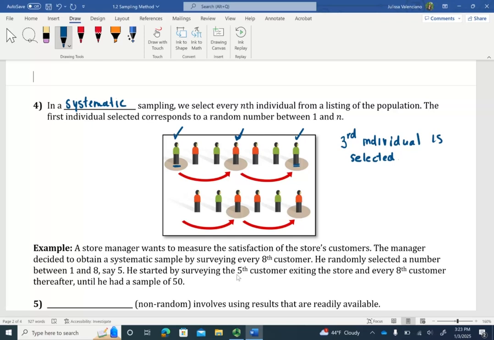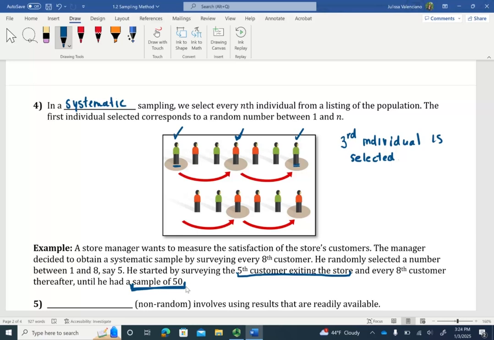The 5th customer exiting the store is the first person who's part of the sample, the first person that receives the survey. After that, every 8th customer is part of the sample. We're going to stop once we collect 50 surveys. That is an example of how systematic sampling can be used.